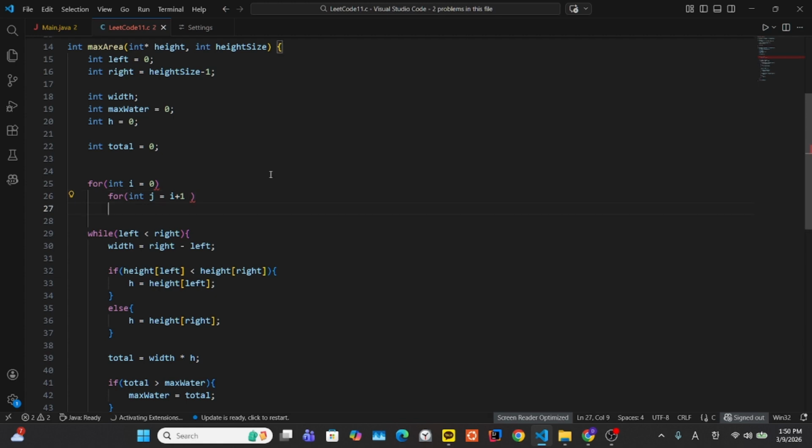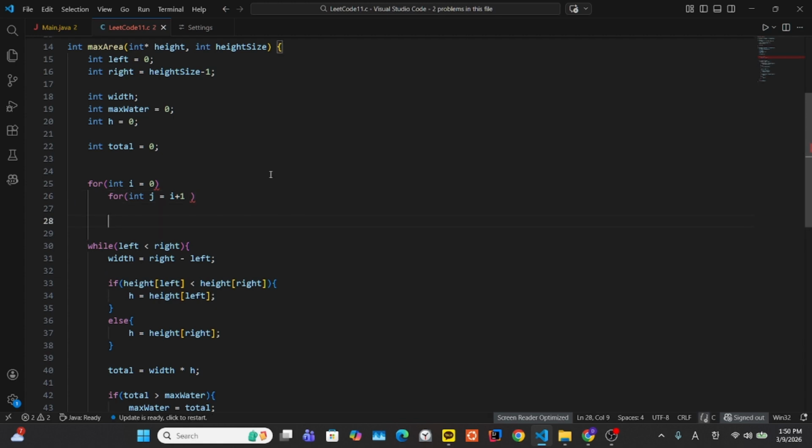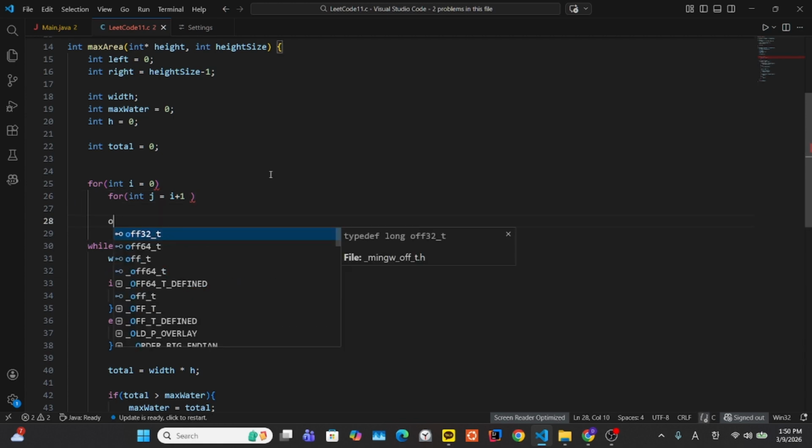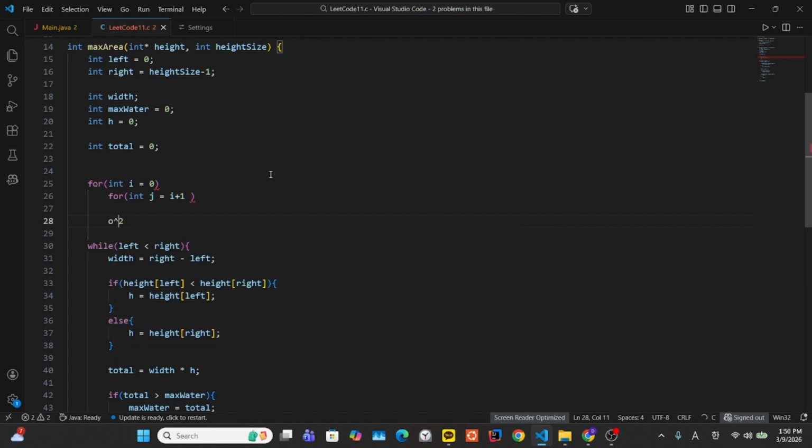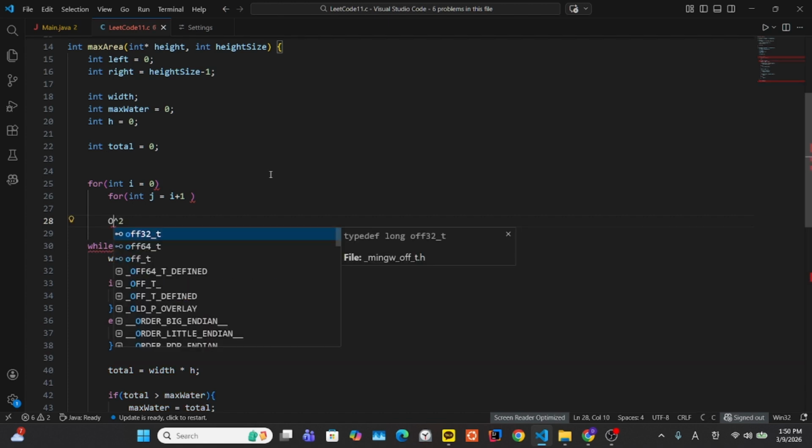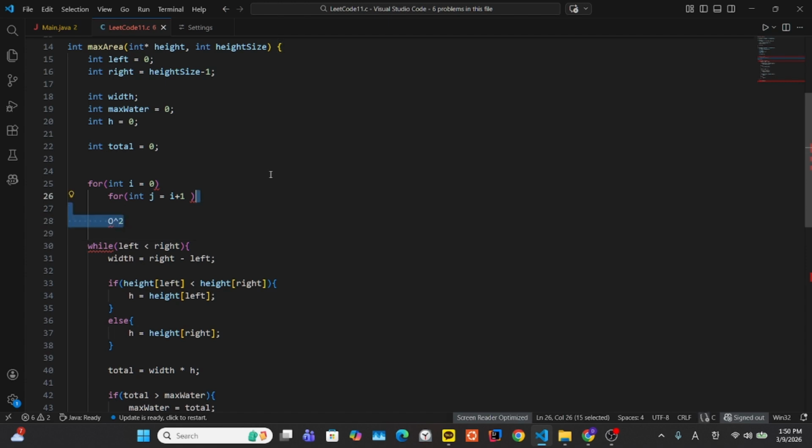But this won't work because in big O notation, it's going to be O of n squared. And this is going to be too slow for a computer because the question literally says there are going to be quite a lot of values in the length of the array, right?